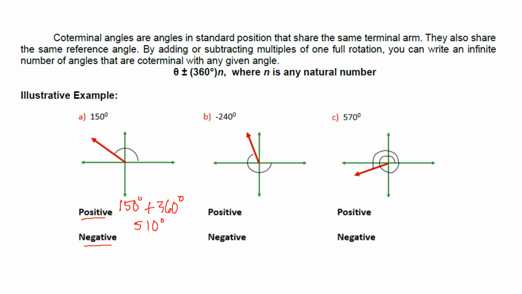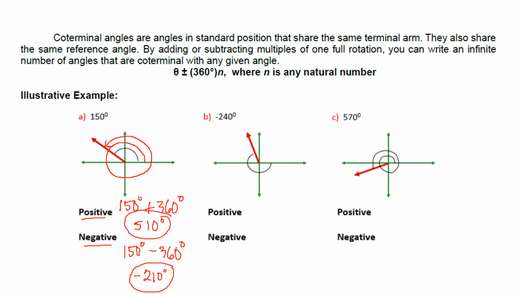That is for our positive. Next, for our negative, we have 150 degrees minus 360 degrees, which is equal to negative 210 degrees. So these are our two answers. One is positive and one is negative.